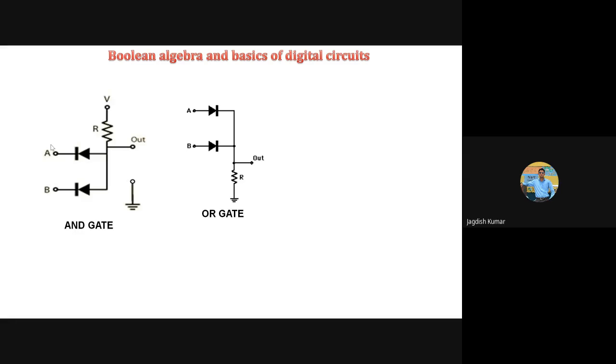Try to visualize in your mind how this circuit must be working and how it gives you OR operation. If you are not able to understand this, please type your question in the chat box. I will plan my explanation according to your questions. Think over it and try to convince yourself: will this circuit give us OR operation and how?